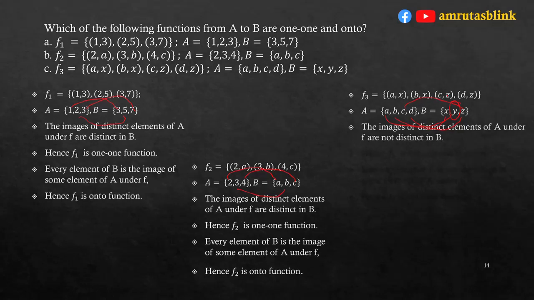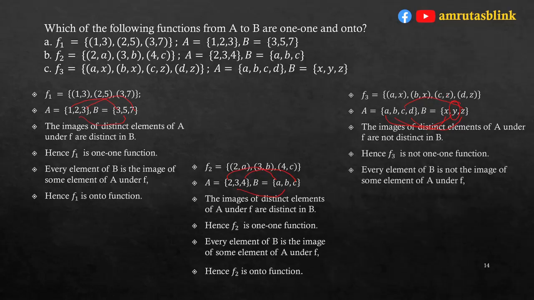Now the images of distinct elements of A under f are not distinct. That is, a is related to x and b is also related to x. Hence it is a many-one function and it is not a 1-1 function. Similarly, in B, x and z have some pre-image, but y does not have any pre-image and hence it is not an onto function also.